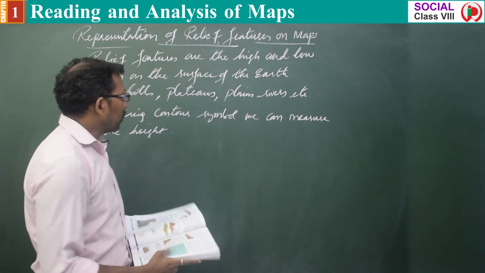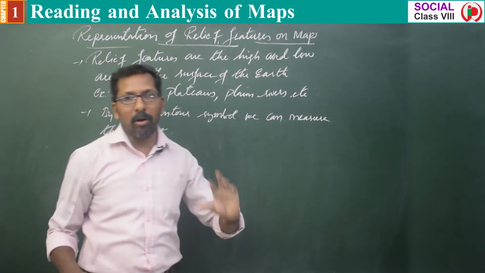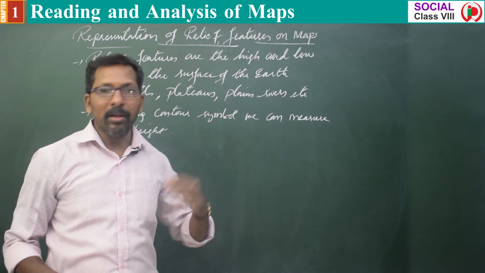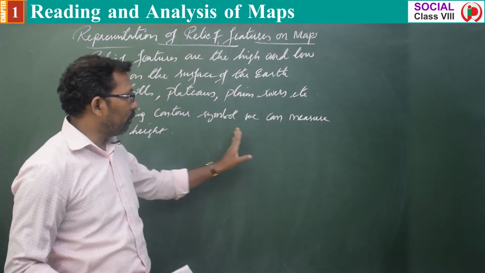With the help of the contour symbol, we can measure the height of that particular relief, maybe hills, maybe mountain, maybe valley, right? So we can measure with the help of contours.